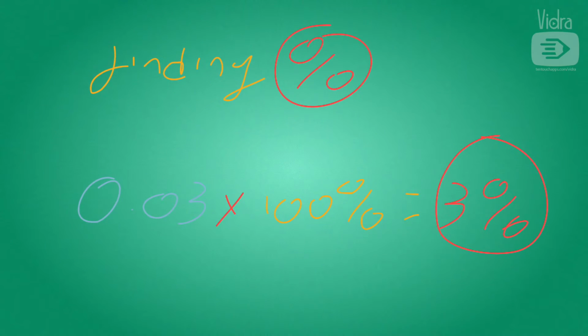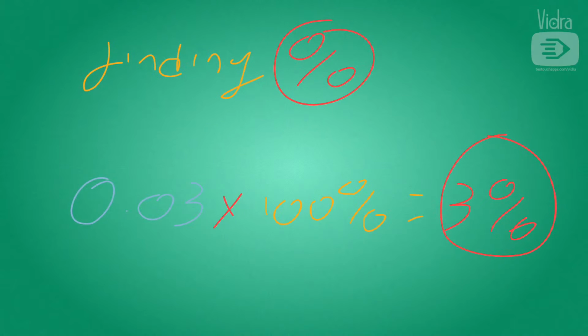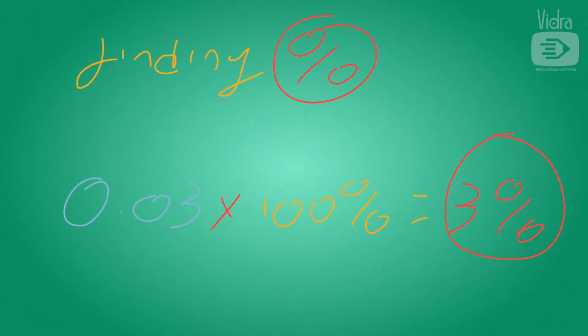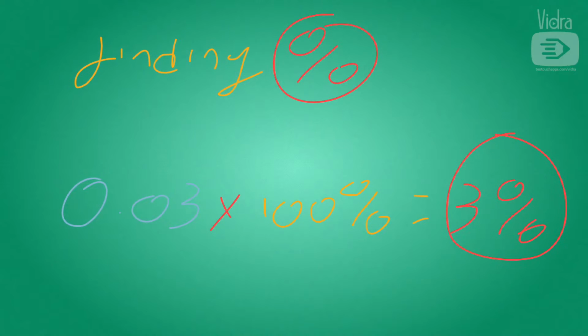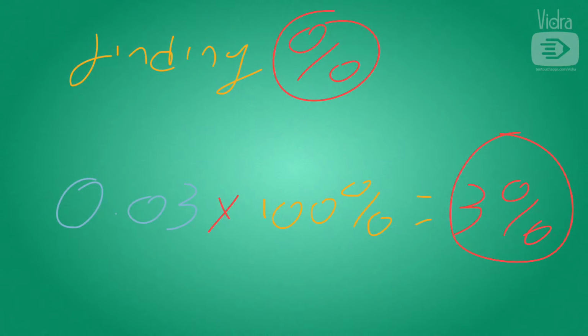But hold on, we're not done yet. Last but not least, we're going to find the percentage uncertainty. How do we do this? It's actually not difficult. It's just a rule you have to know every time they tell you to find the percentage of an operation.